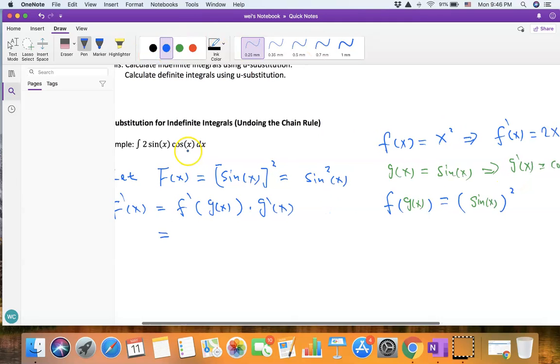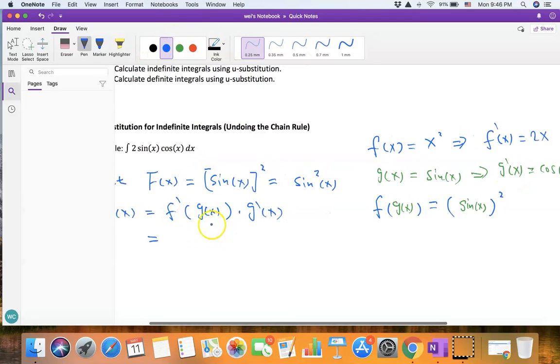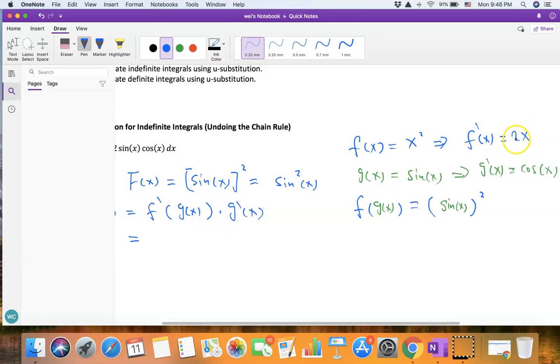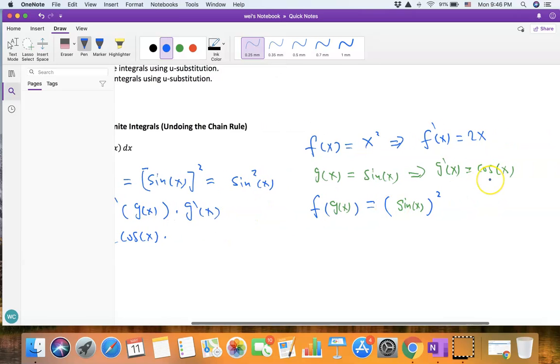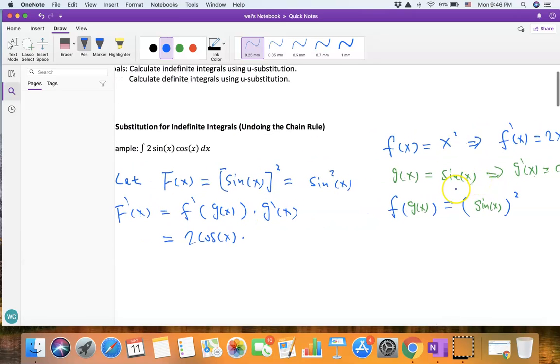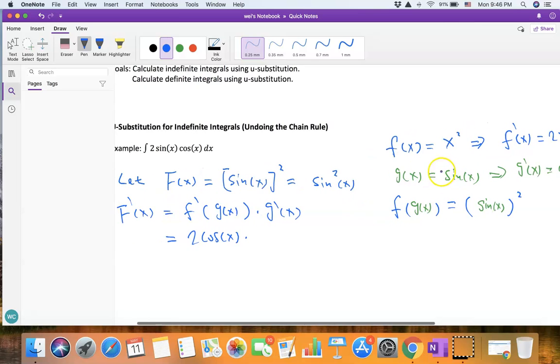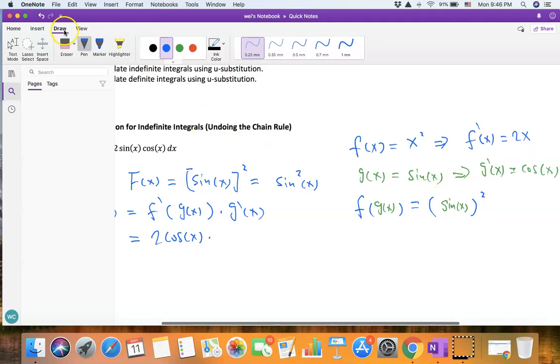Therefore, f prime of g of x, that is 2 times sine x, and g prime of x, that is cosine x.